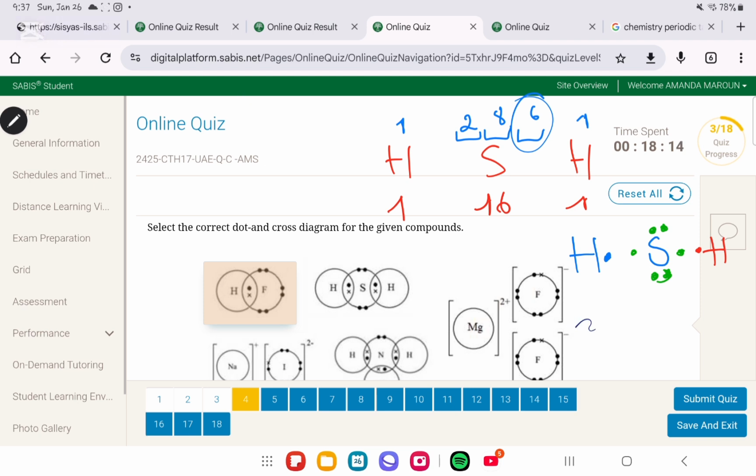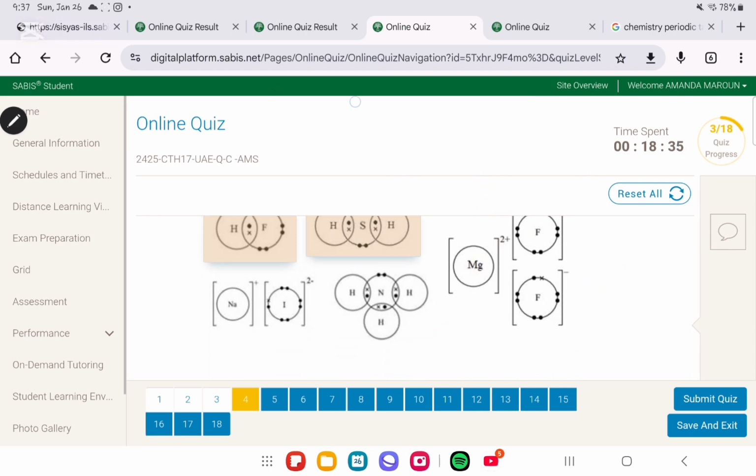So if we are going to put them all together, it's going to be H, S, H. Okay, so it's going to be H and S will have a lone pair like this. Okay, then the other H and S will have another lone pair like this. So taking this one, it is similar to this, so it is then correct.